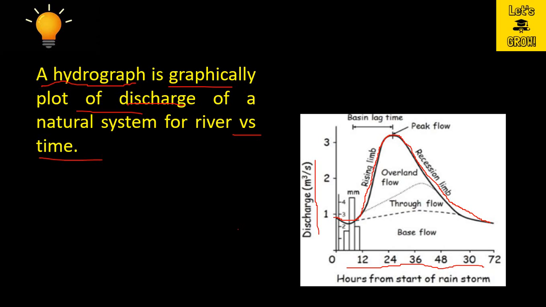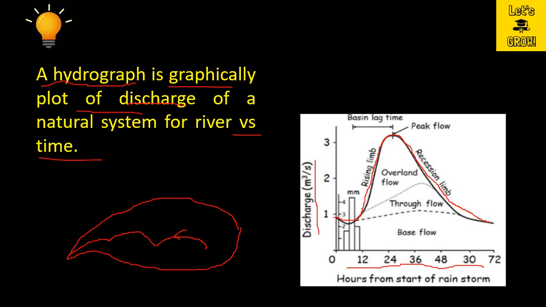And how is it plotted? Just for example, suppose this is your catchment and this is your river which is flowing.